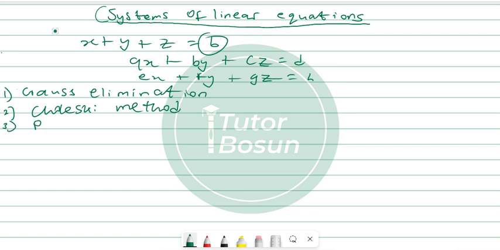We'll be discussing pivotal condensation. We'll also be discussing Gauss-Seidel iteration.